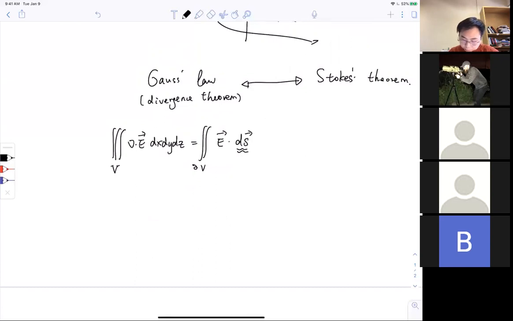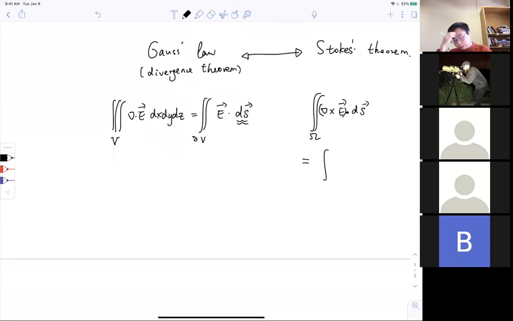And for the Stokes theorem, you have an integral over some open or closed surface, ds. And this is given by the line integral along the boundary of this surface.